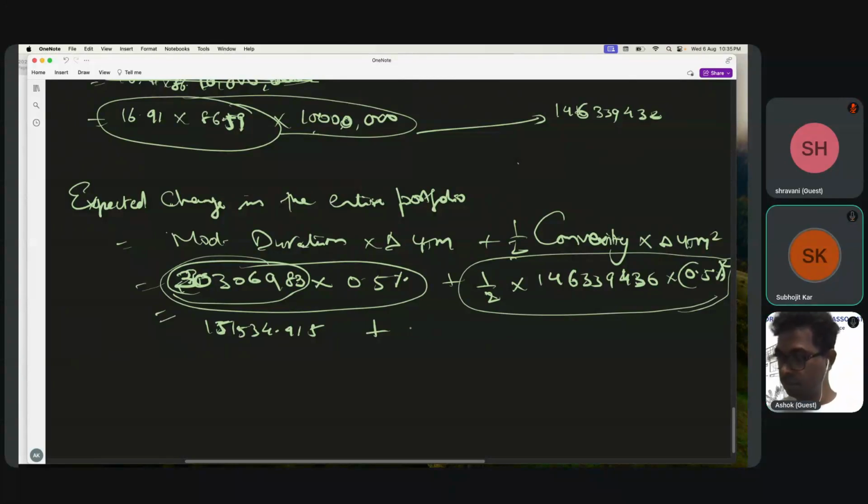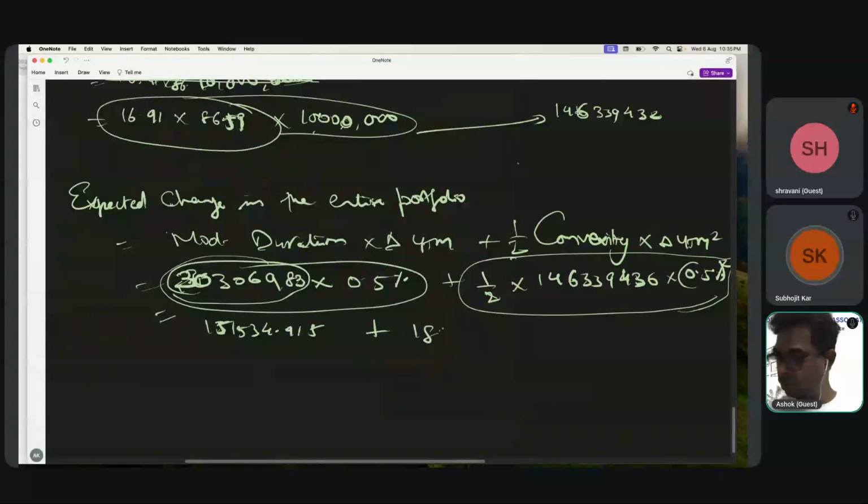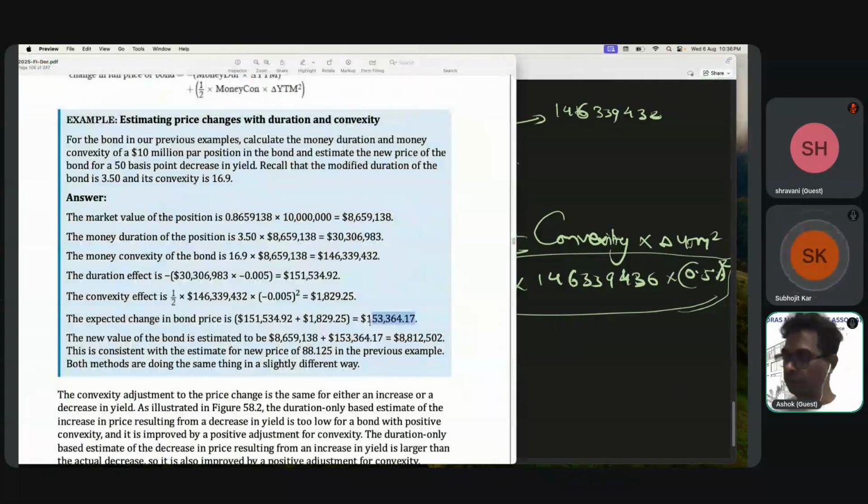It is 1829.25. Now the total is 153,364.158. So this is the change, the expected change.